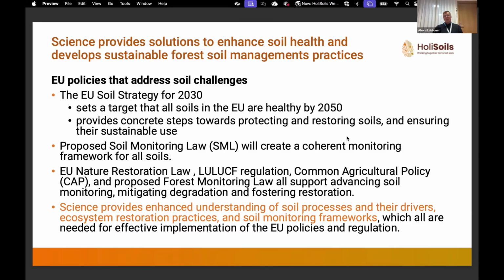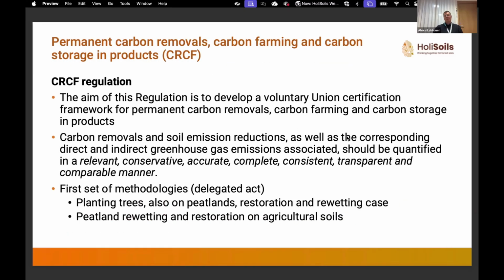In addition to these policies, I would like to raise one more: the regulation on permanent carbon removals, carbon farming, and carbon storage in products, often named the CRCF regulation. The aim of this regulation is to develop a voluntary Union certification framework for permanent carbon removals, carbon farming, and storage in products. Here in the middle, this is just copied from the regulation text.